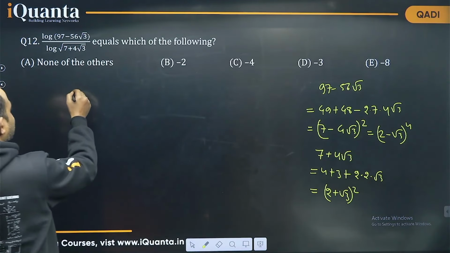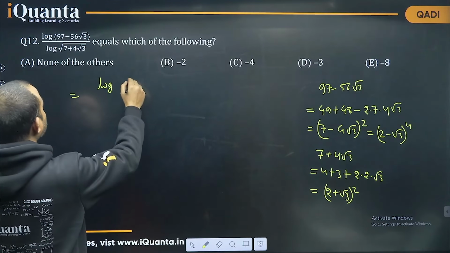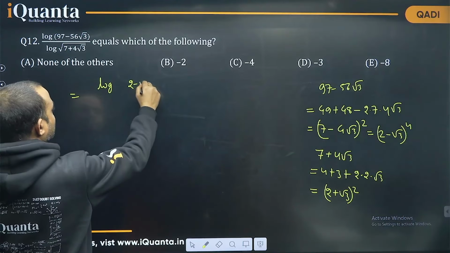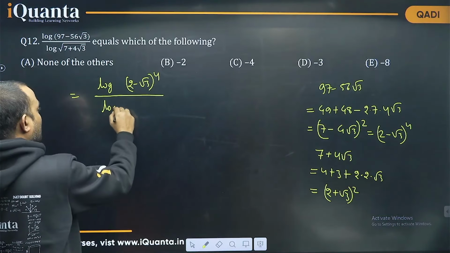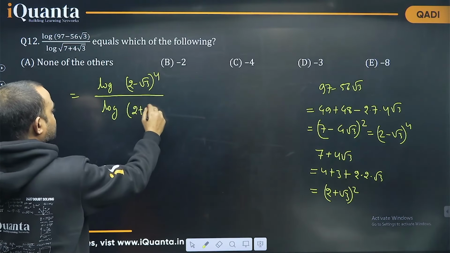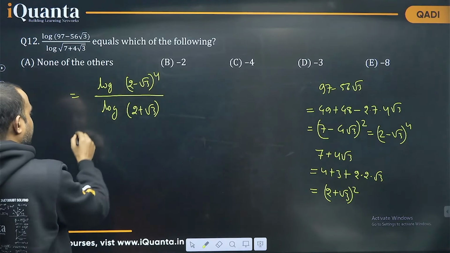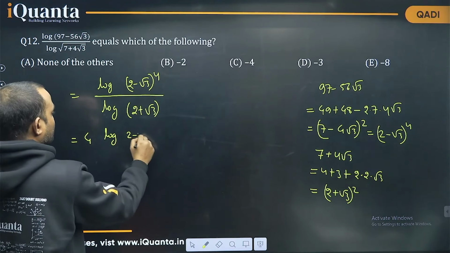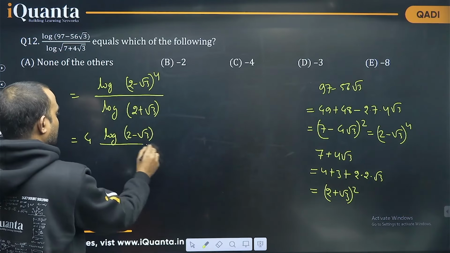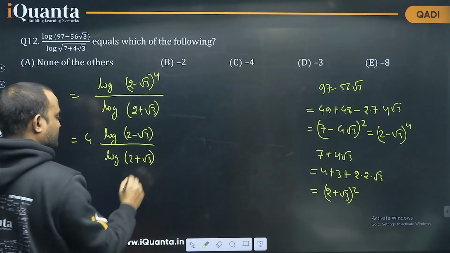So this I can now write will be log 2 minus root 3 to the power 4 divided by log 2 plus root 3, square root of this, right? This 4 we can take outside. This will be equal to 4 log 2 minus root 3 upon log 2 plus root 3.